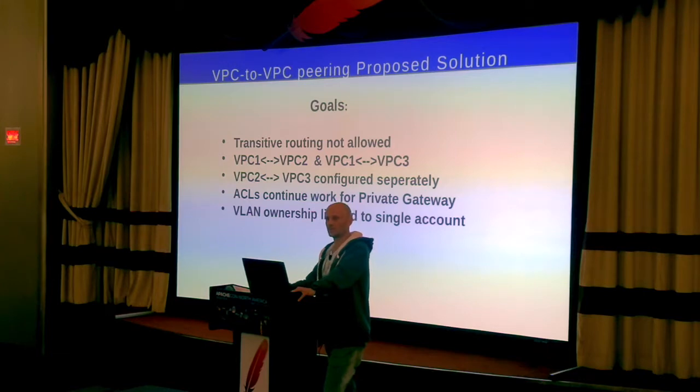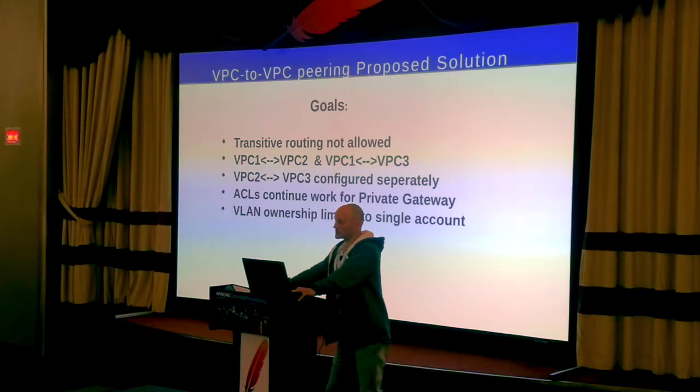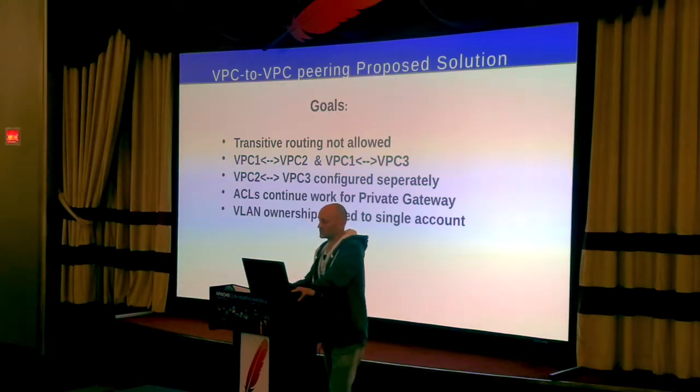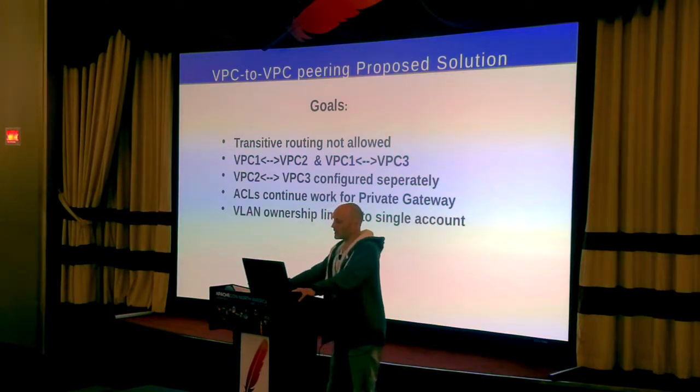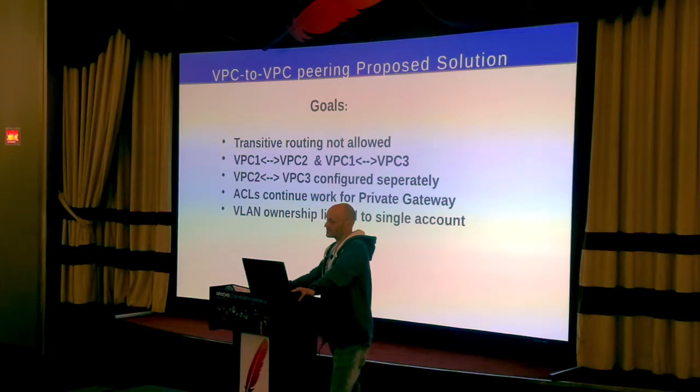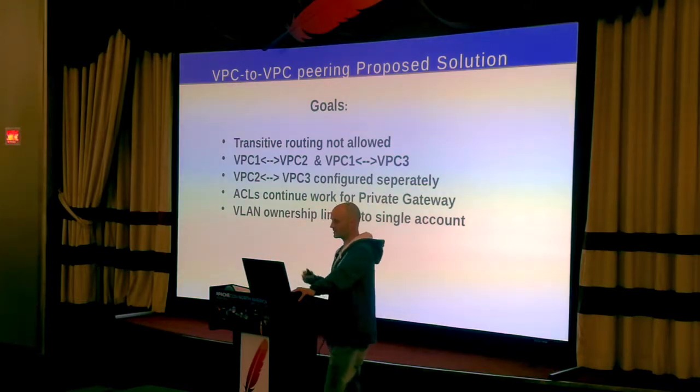If they want to talk to each other, they need to set up a direct connection between the two of them. Also, network ACLs must still work in the same way as they currently do. And when a VLAN gets assigned to an account from the zone pool, it cannot be used by any other account until it is released.